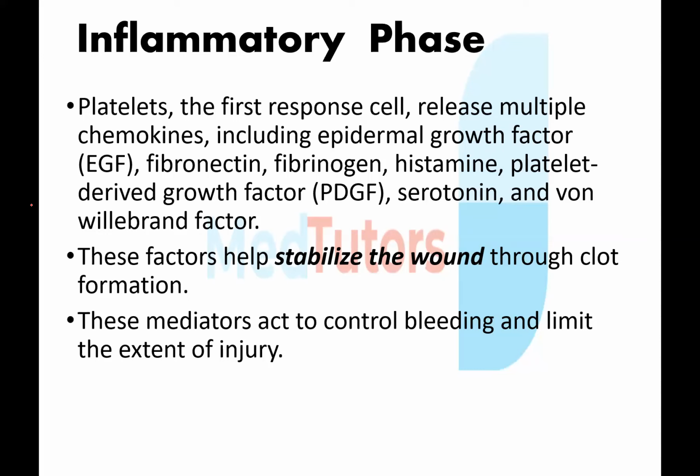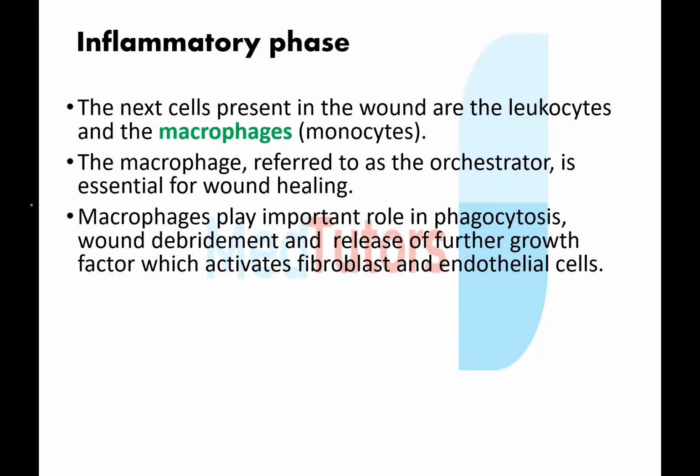This helps to stabilize the wound through the clot it forms, and also these mediators act to control bleeding and limit the extent of injury. And they also attract inflammatory cells, specifically the macrophages.